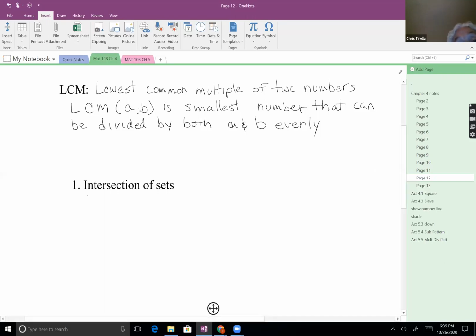Just like the divisors had an intersection of sets, we're going to have an intersection of sets. We're going to compare the sets of multiples of each.